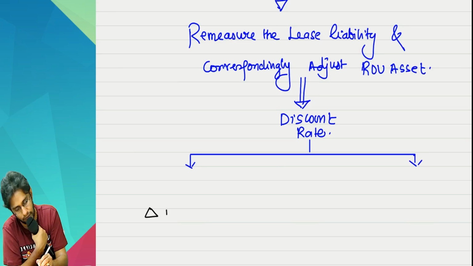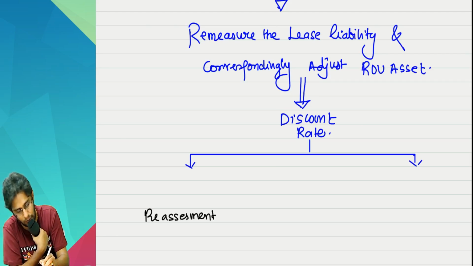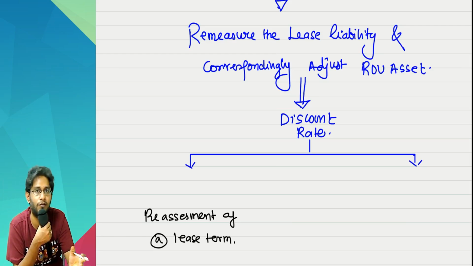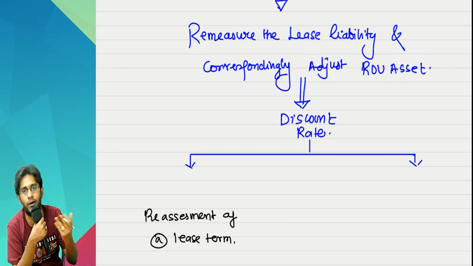When there is a reassessment of lease term. What is the meaning of reassessment of lease term? Option to extend, option to terminate. In this, changes have come. Then the lease term automatically will change.